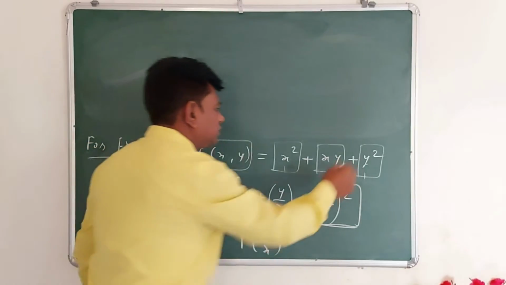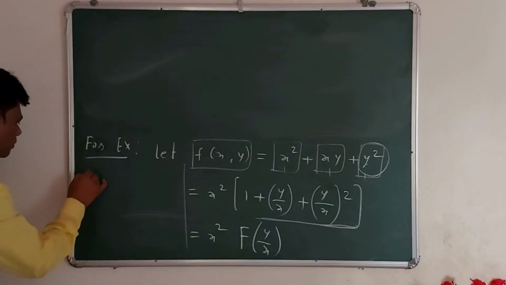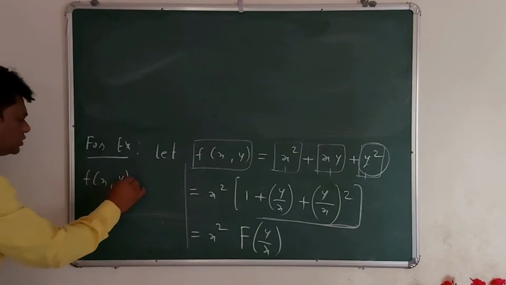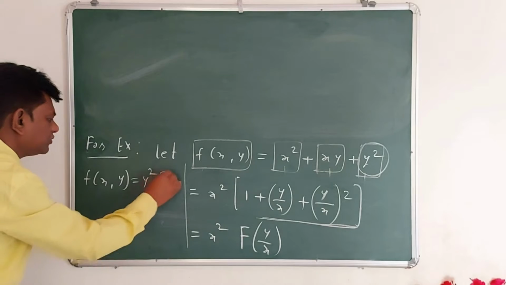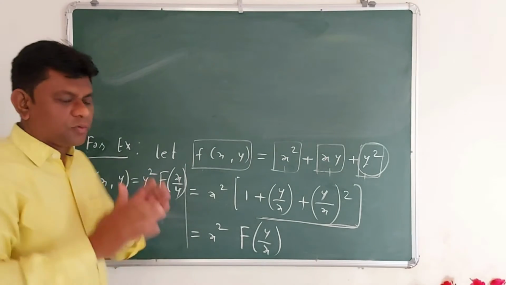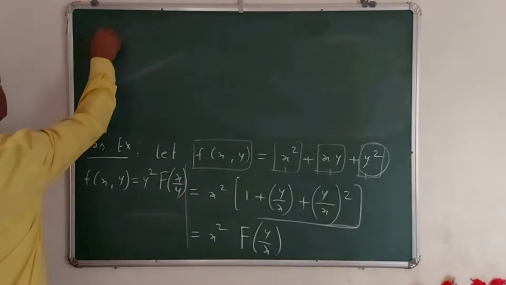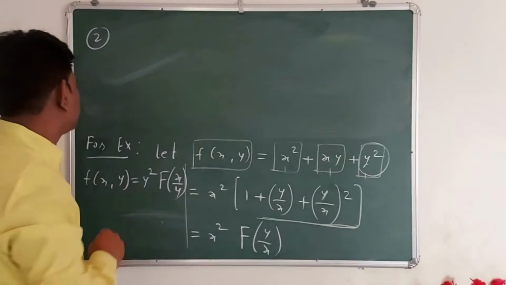If we take this y square as common, then this function can be written in the form of f(x,y) equal to y square times f of x by y. And therefore we define homogeneous function again. So this is the second definition of homogeneous function.